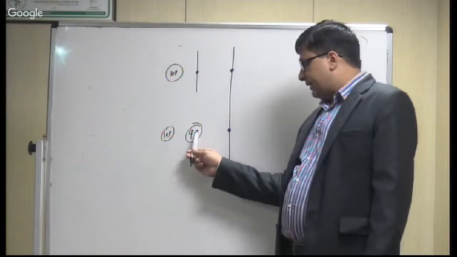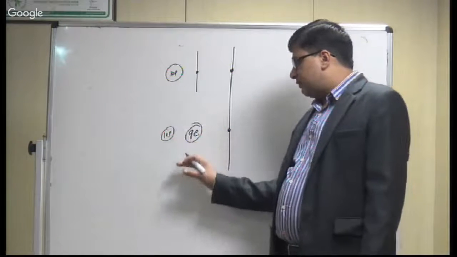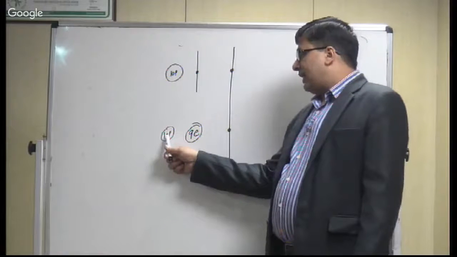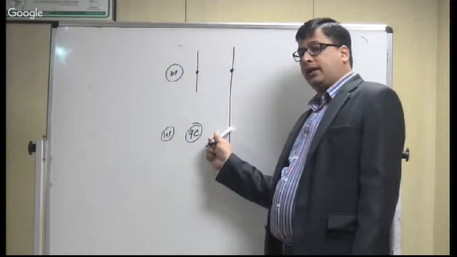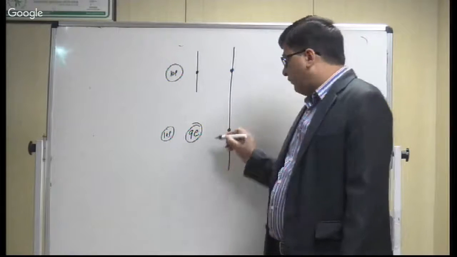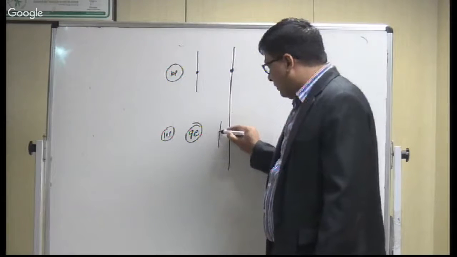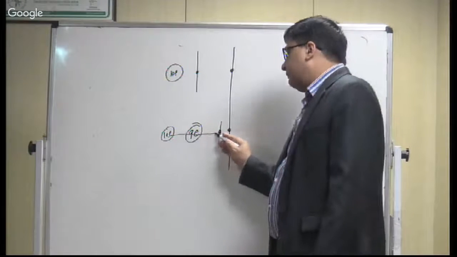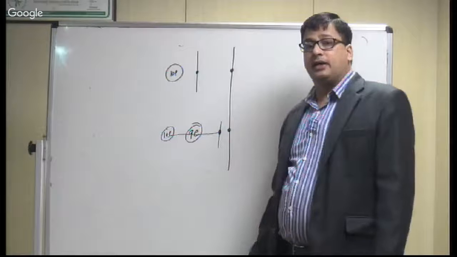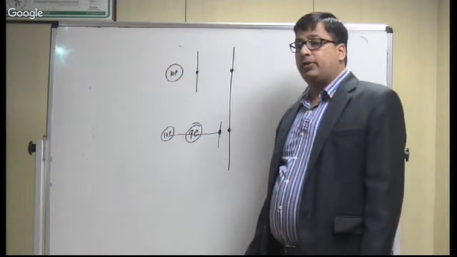So these 9 electrons decrease the positive charge, due to which the net effective charge by which this electron is attracted decreases. Therefore, it comes to this point, let's say. So it directly affects the atomic radii.